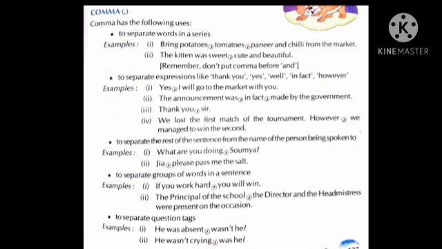Next is to separate the rest of the sentence from the name of the person being spoken to. And next is to separate groups of words in a sentence. And the last is to separate question tags. We use a comma to separate question tags. He was absent, wasn't he? We have used a comma after he was absent. Clear?